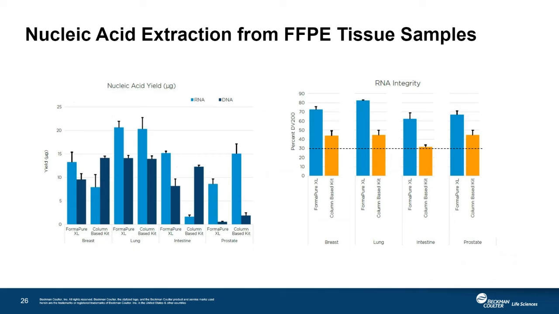So if we look at this first slide, this is really a representation of the nucleic acid extraction from some FFPE tissue samples. On your left-hand side, you're seeing the nucleic acid yield. In general, if you compare FFPE samples from different sample types, so you can see there's breast, lung, intestine, and prostate samples, we've compared the PharmaPure XL kit with a column-based method.